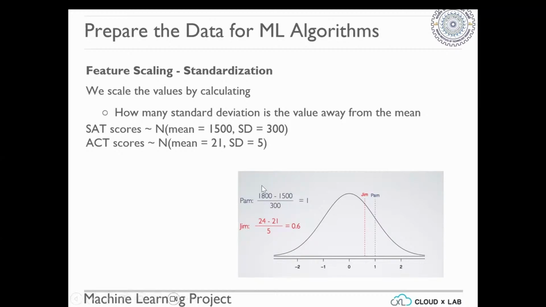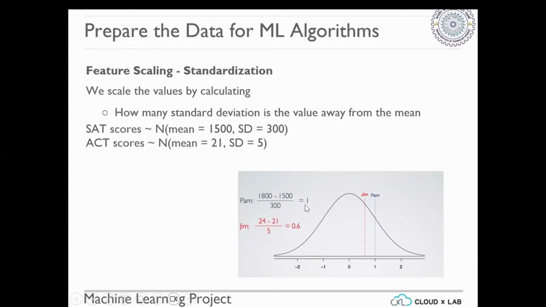The value for the first feature is 1800, the mean value is 1500 and the standard deviation is 300. For the other feature, the mean value is 21 and the standard deviation is 5. After applying standardization, both feature values are on the same scale. Here we are getting 1 and here we are getting 0.6.